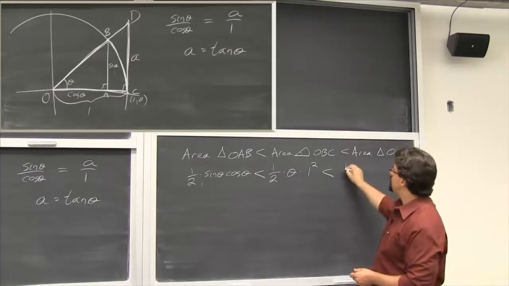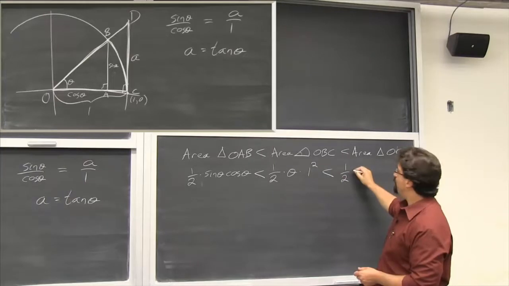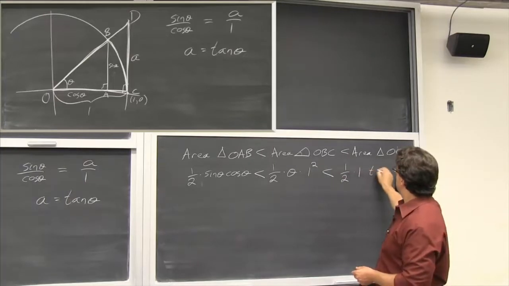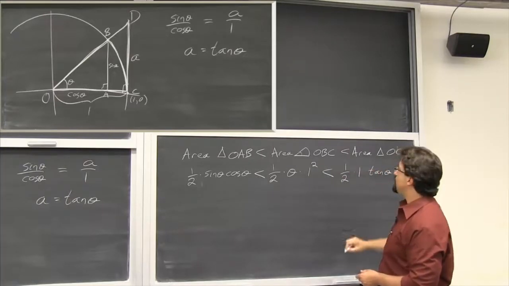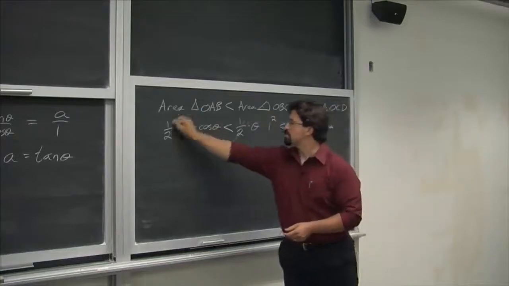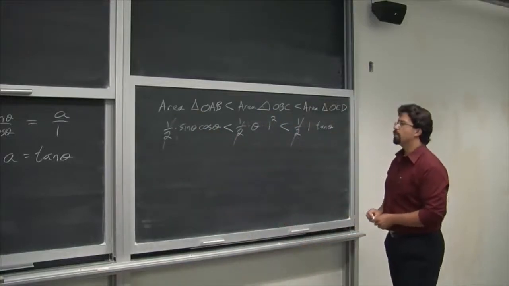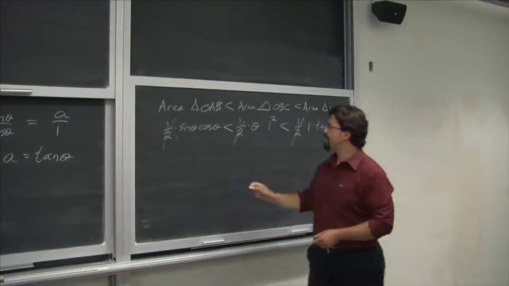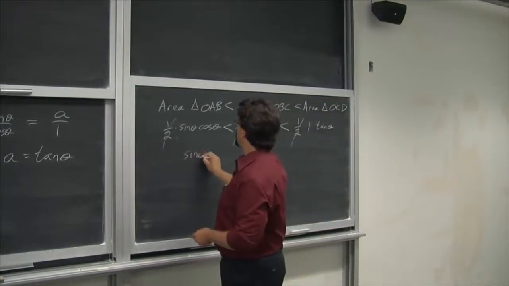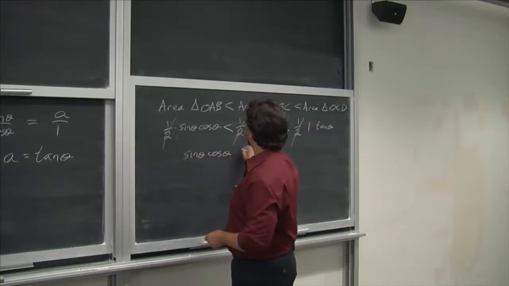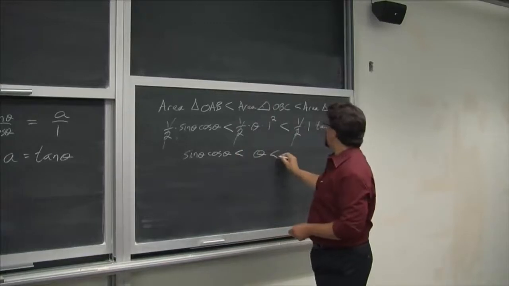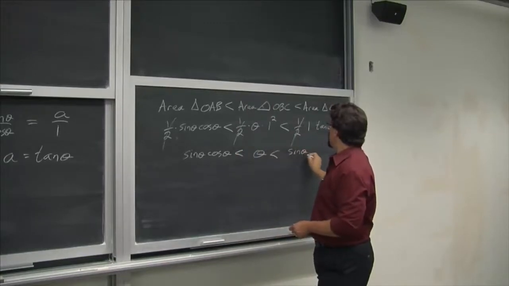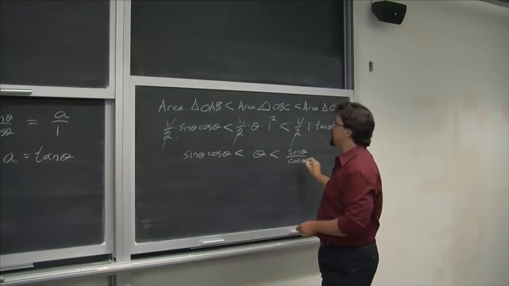Half the base times the height gives us a half times 1 times tan theta. The halves will certainly cancel from all three. And I have sine theta cos theta is less than theta is less than sine theta over cosine theta.